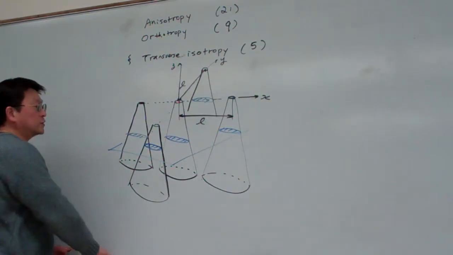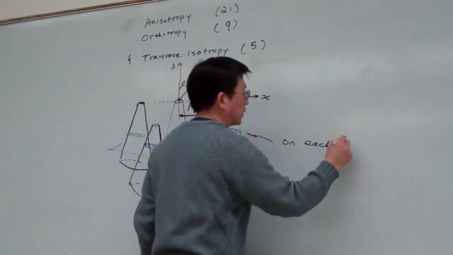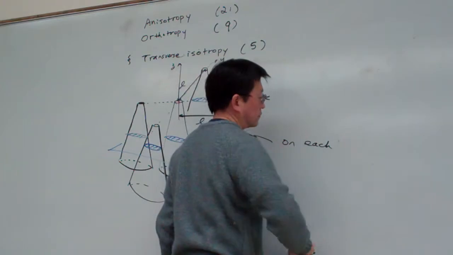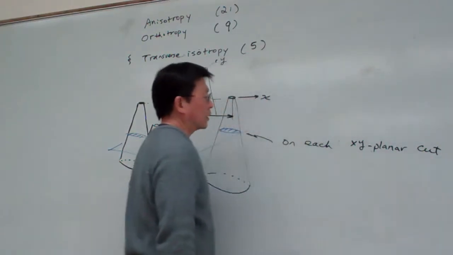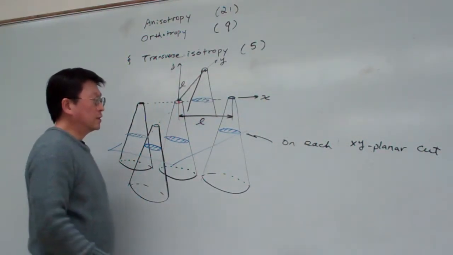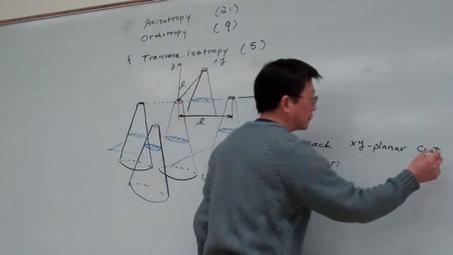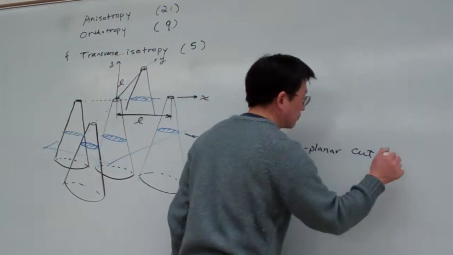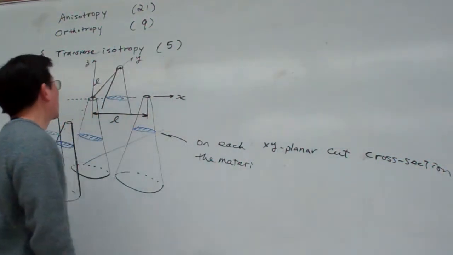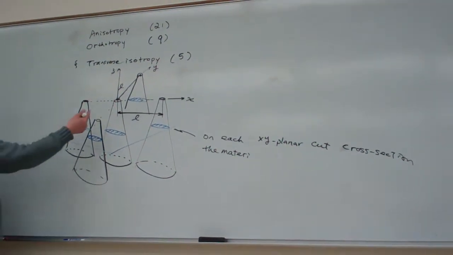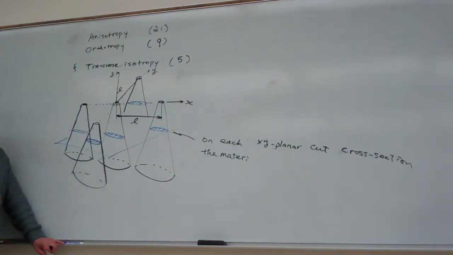But in this way, on each of the XY plane cuts, again, this is a fiber, and then I said the space between the fibers is filled up with softer material, for example, polymer or resin.